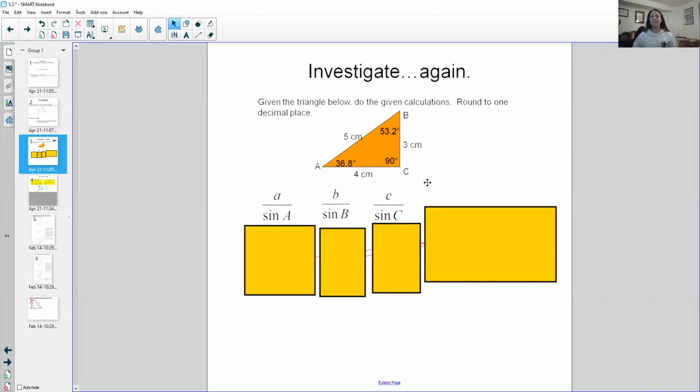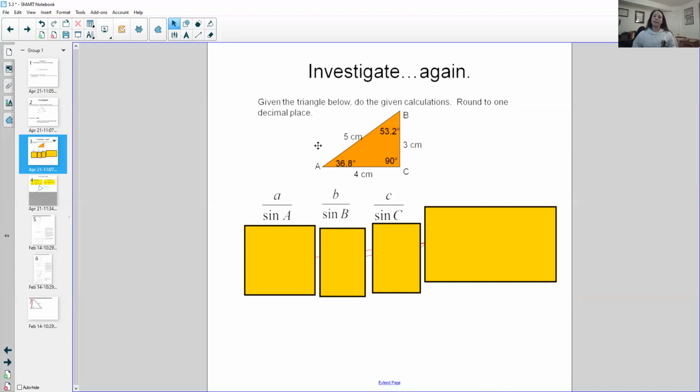So we're going to look at a separate triangle. This is a 90-degree triangle, and the reason I picked it is so you could verify all of the angles and sides. If you were to draw one out yourself and measure it with a compass, a protractor and a ruler, you should get all of these angles. So consider a triangle ABC.